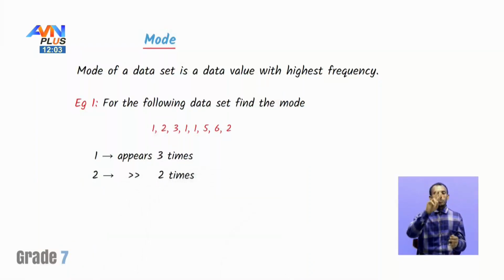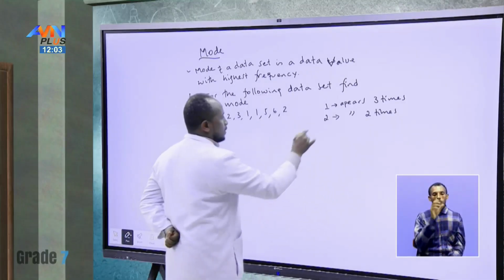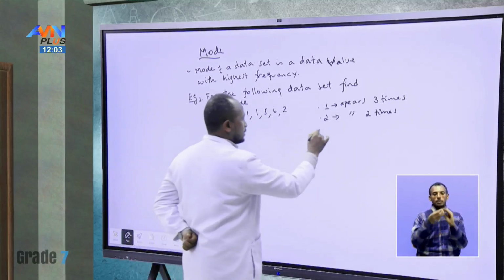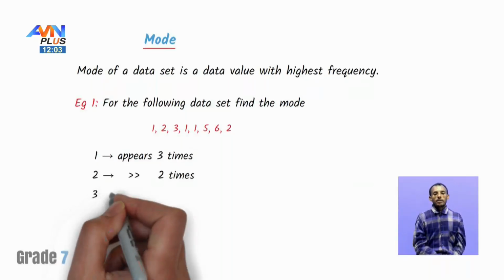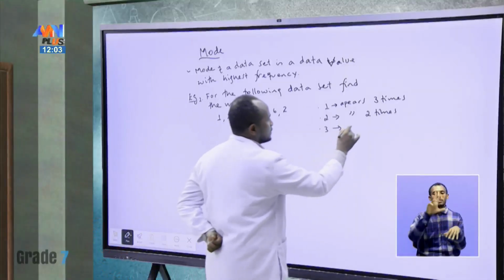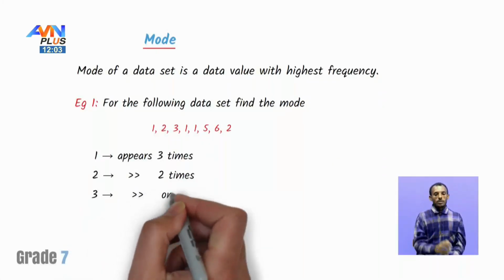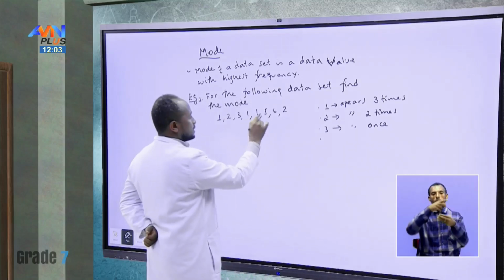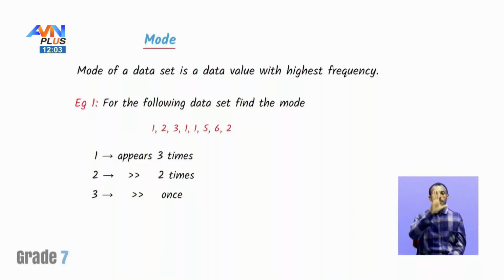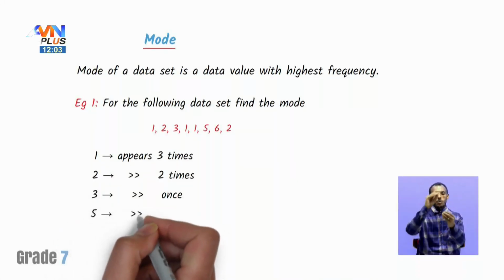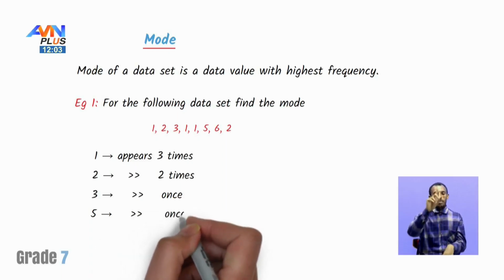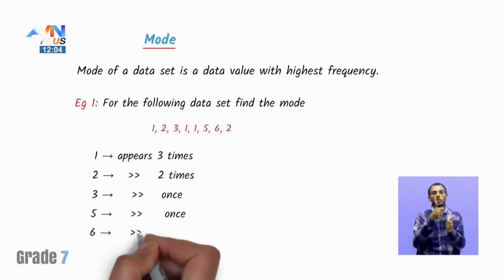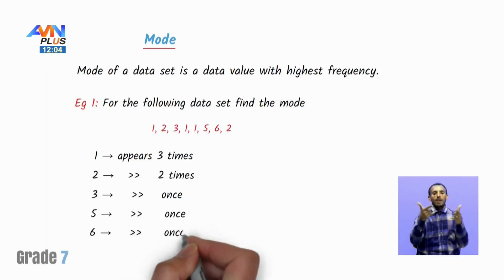Okay. Now, let's see 3. 3 appears only once. How about the other numbers, 5 and 6? 5 and 6 also appear once. Therefore, which of this data set has greater frequency?